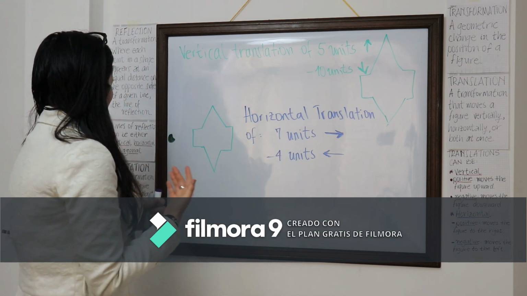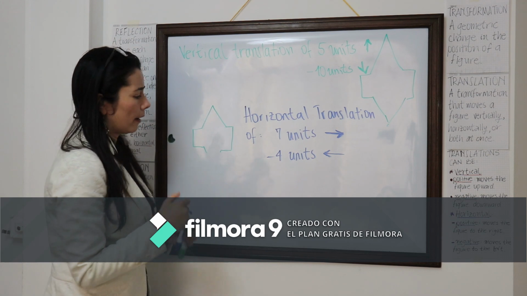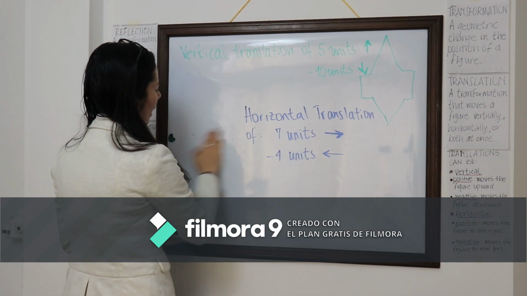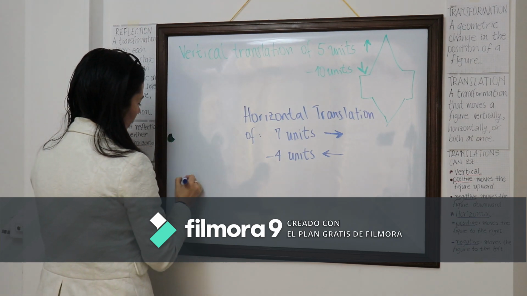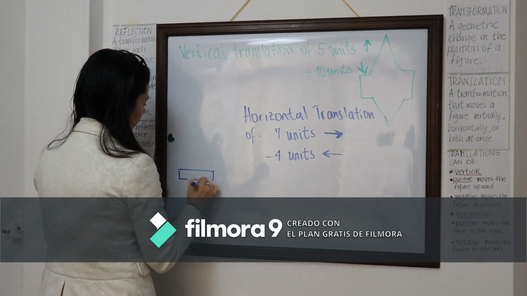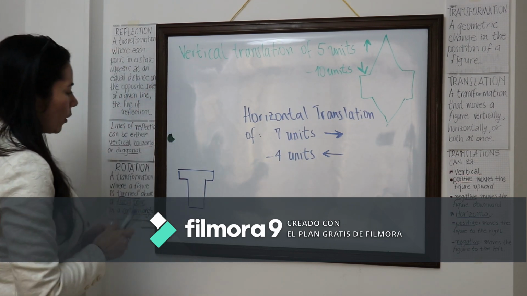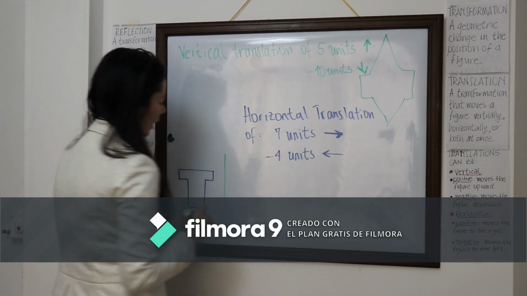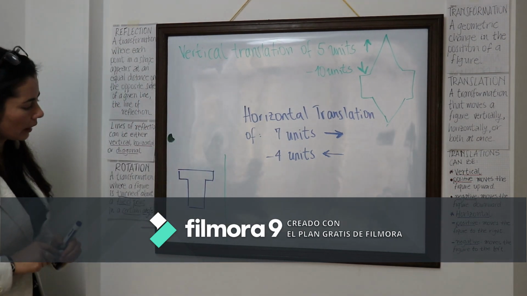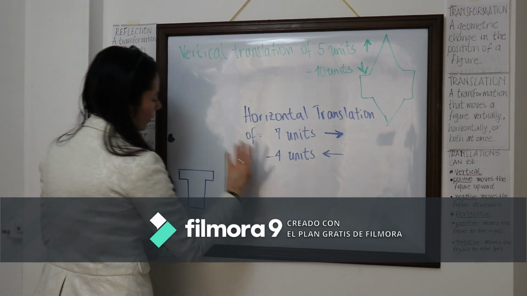So think for instance of a figure like this. So if I have a figure, I don't know, like a little T, right? Then what I'm going to need, I need a vertical line that is going to allow me to do a flip on the figure.